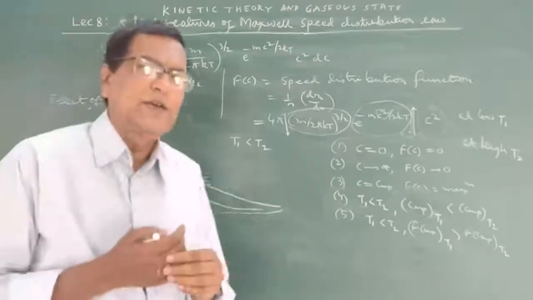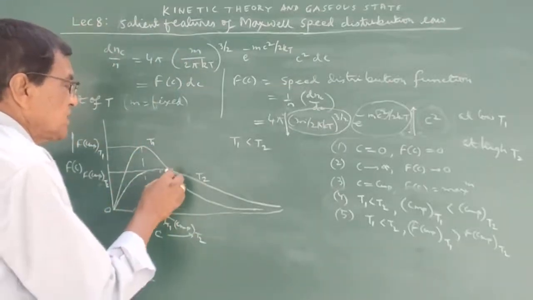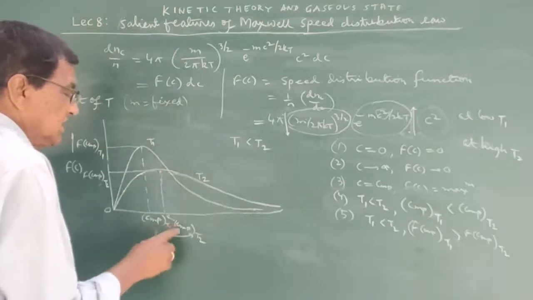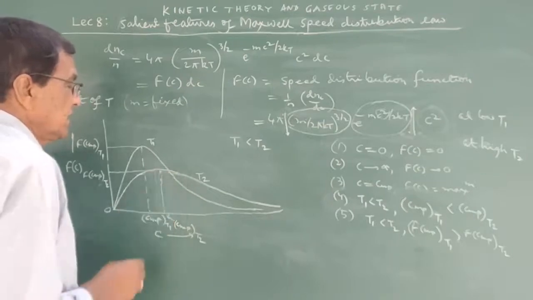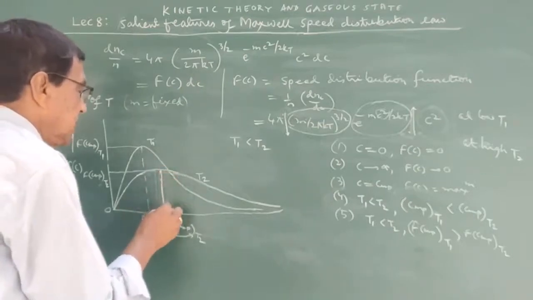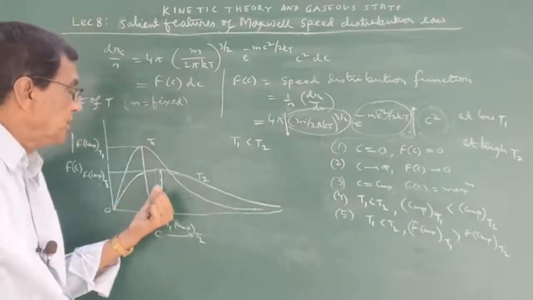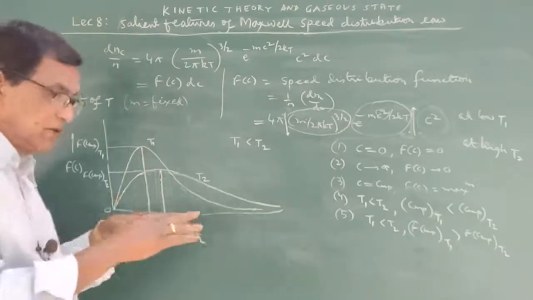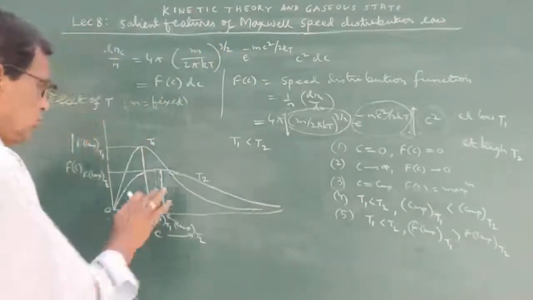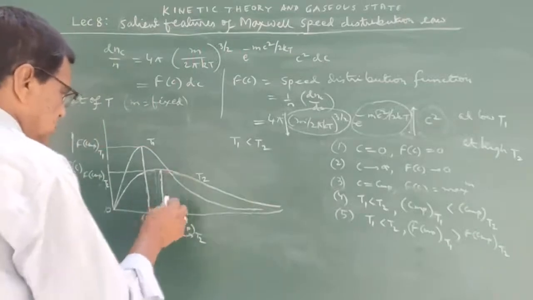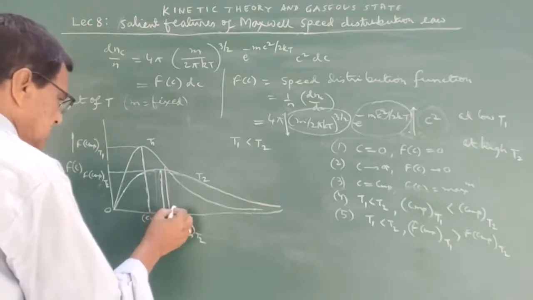But one thing you can see from this graph, the fraction of the molecules having speed near to the most probable speed is also very high. And another thing I can show you: suppose this is the speed C dash.